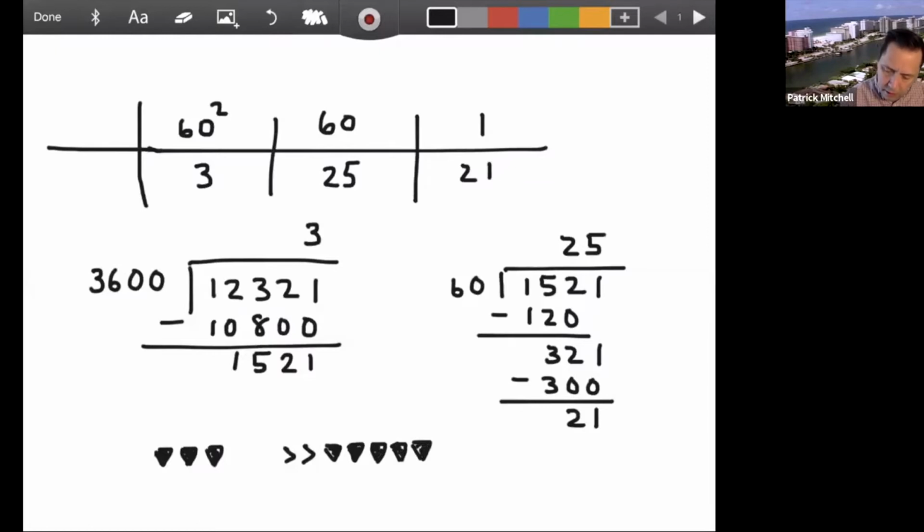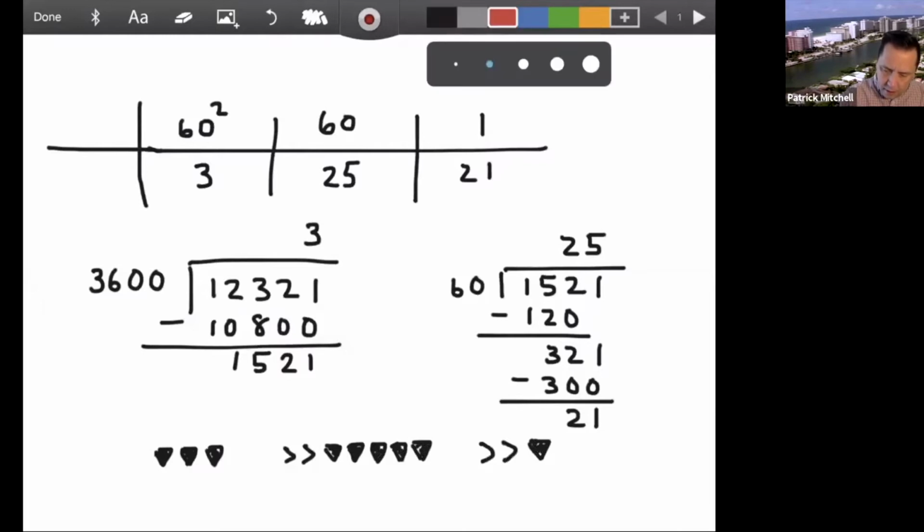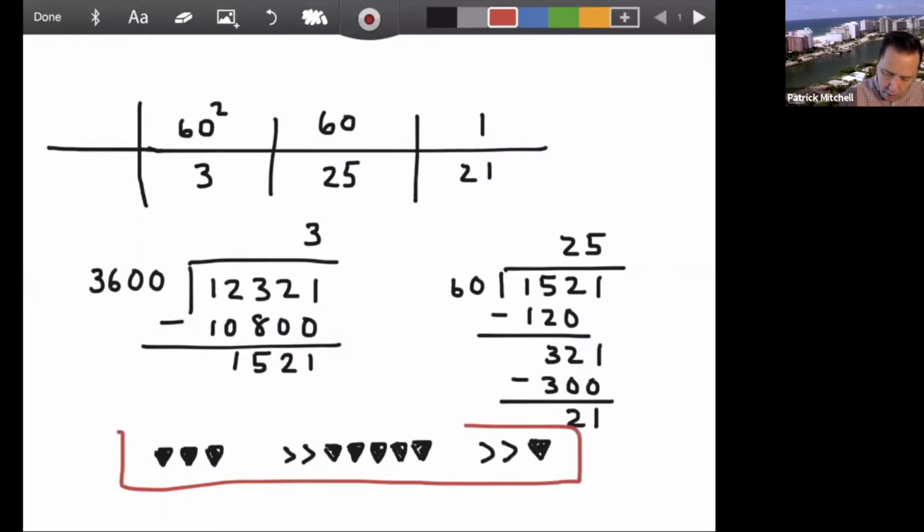So that would be two of these things and then one of these. Okay, so believe it or not, this is how you write the number 1,521 in the Babylonian system.